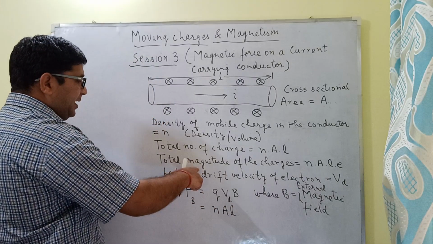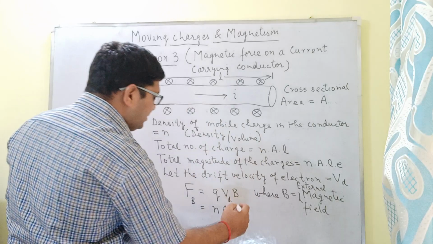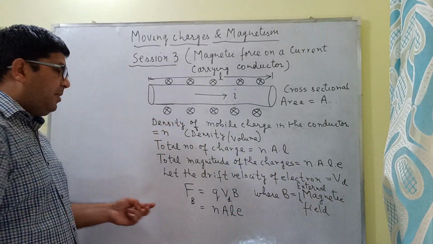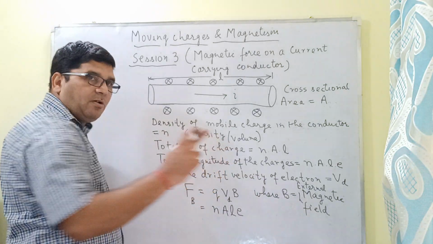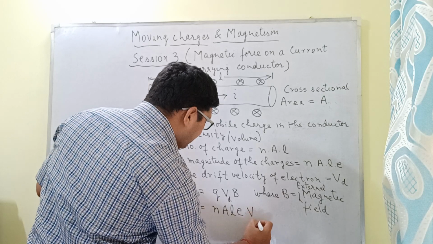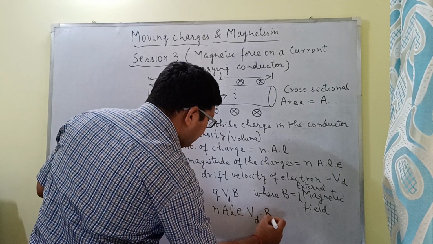The total magnitude of the charges will be equal to N A L into e, where e is the magnitude of charge on one electron. So this is into Vd into B.